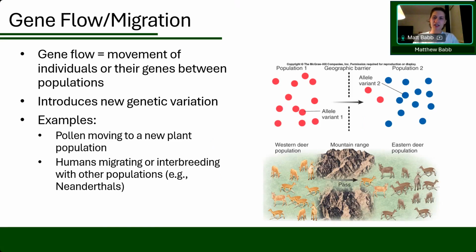A famous case of this: I don't know if anyone in the class has ever taken 23andMe or any one of those genetic testing companies or tests. People might find that they have 1-2% of Neanderthal DNA. And so this is actually a really famous example of gene flow.